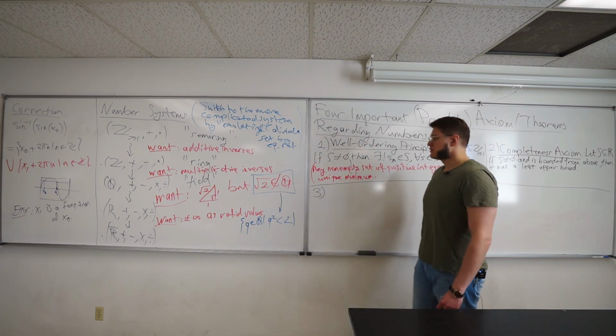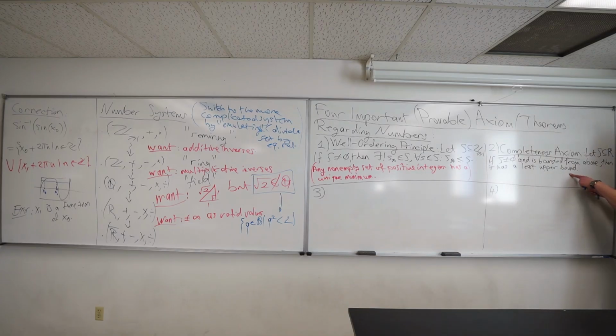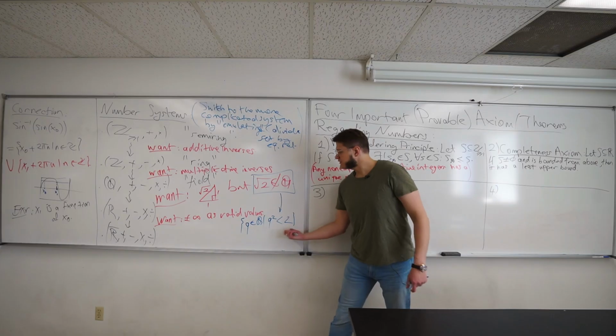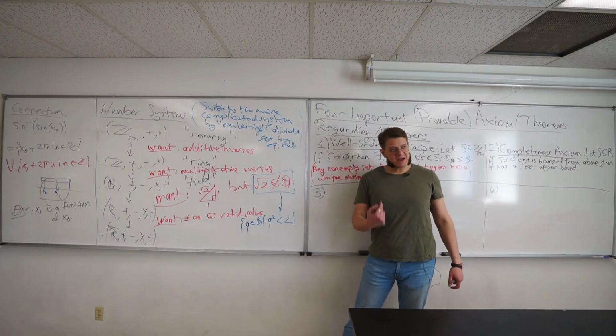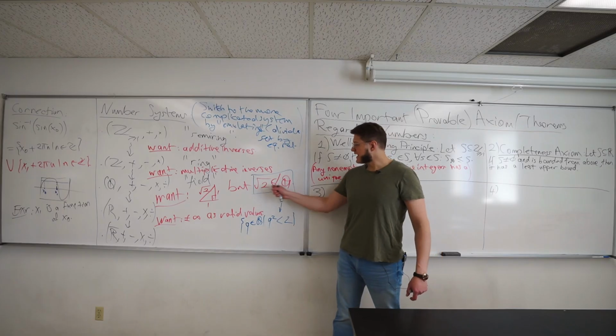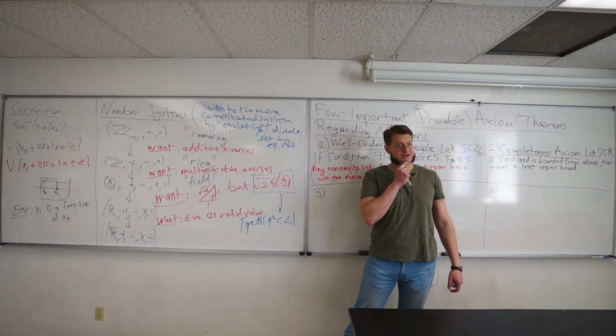But you see, if I were to ask, is there a least upper bound? Is there an optimal upper bound to the set as a rational number? That would require that root 2 is an available thing for me from the perspective of the rationals.